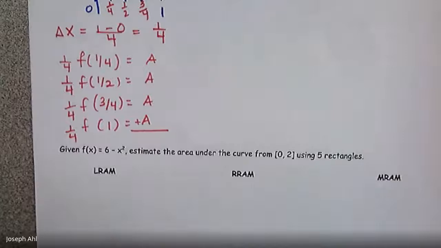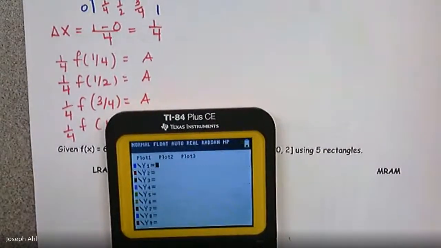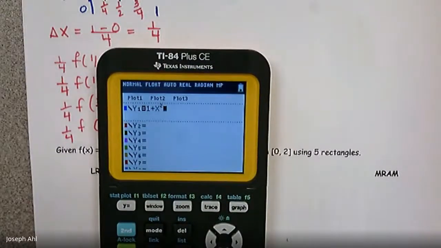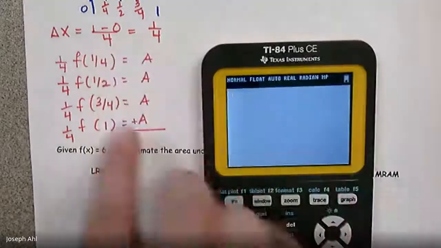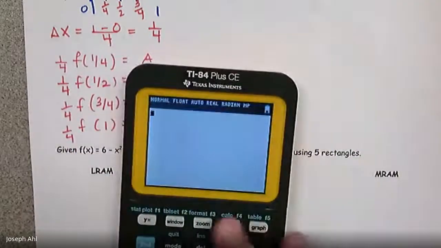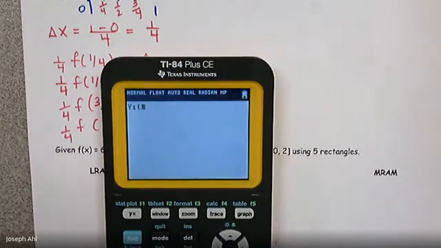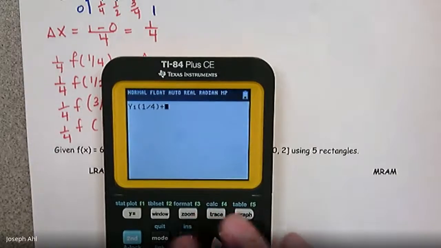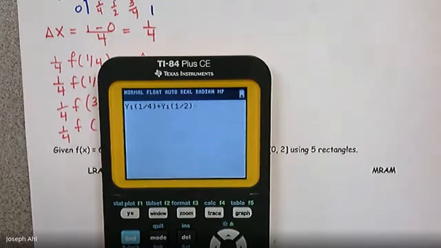Okay, what's kind of nice, I think, about this instance is that you can go to y equals, you can type in 1 plus x squared, and you can make your job pretty easy here. The way I'm going to make my job pretty easy is if I do 1 plus x squared in y1, if I want to figure out what's f of 1/4 and f of 1/2, you can do alpha trace and then do y1 of 1/4 plus y1 of 1/2 plus.